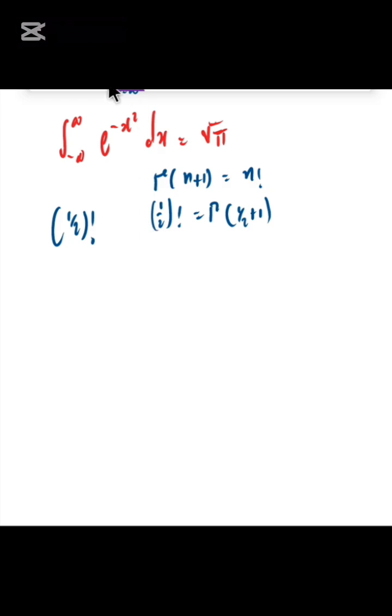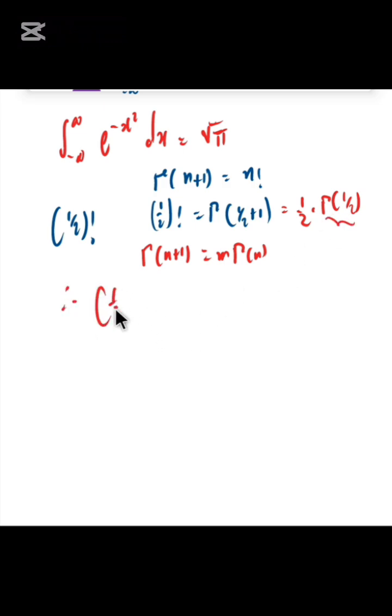And then also recall this: gamma of n plus 1 is equal to n multiplied by gamma of n. So definitely I can say this is equal to 1 over 2 multiplied by gamma of 1 over 2. And we already have the value of gamma of 1 over 2, which is square root of pi. So definitely 1 over 2 factorial is equal to 1 over 2 multiplied by square root of pi. Very beautiful. And that is the answer to the problem.